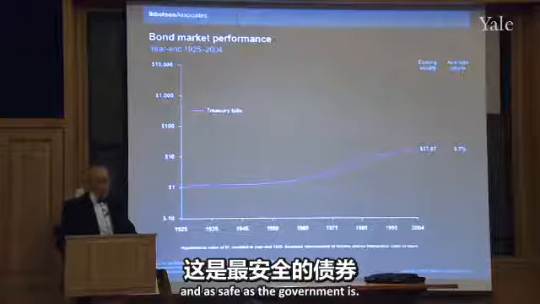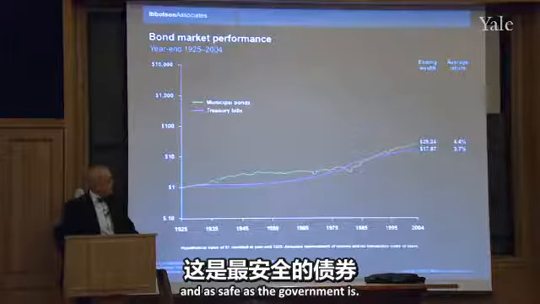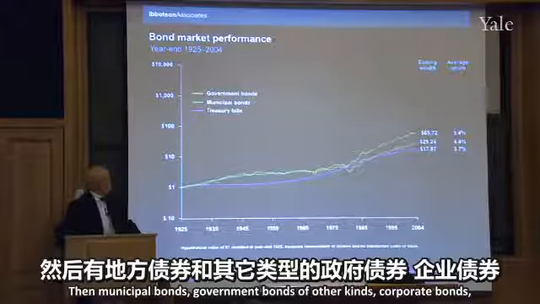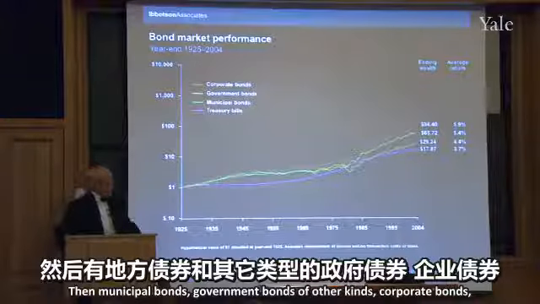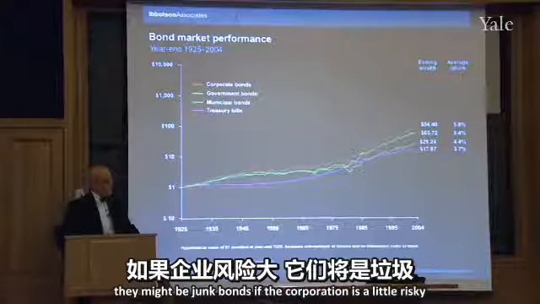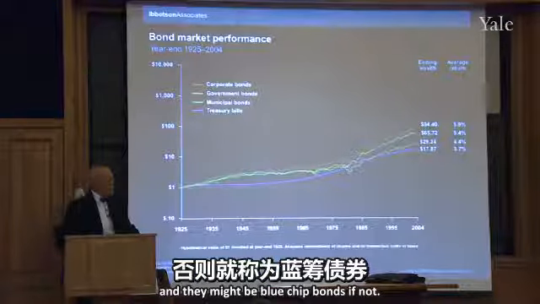And as safe as the government is, then municipal bonds, government bonds of other kinds, corporate bonds, so this would be debt taken on by a corporation, and they might be junk bonds if the corporation is a little risky, and they might be blue chip bonds if not.